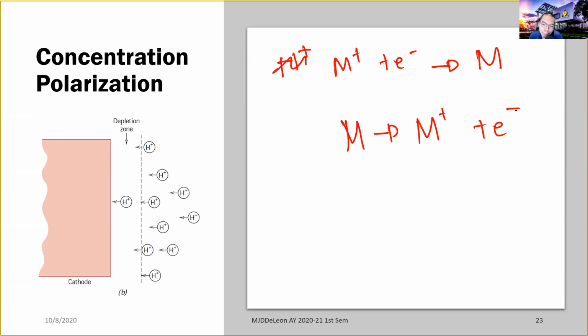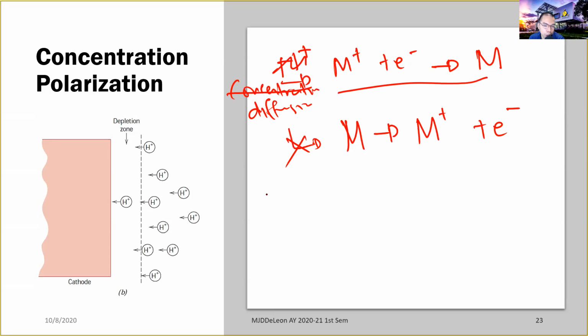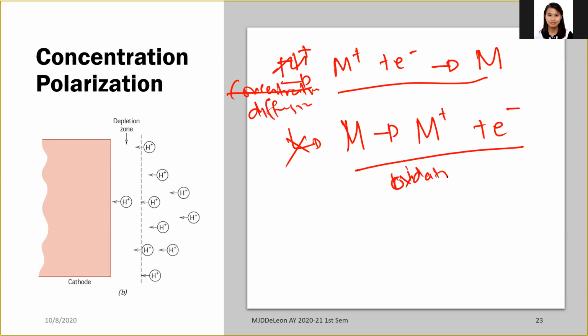So mula dito, dapat magkakaroon tayo ng clue kung bakit ito, pwede siyang concentration or diffusion control, and ito, not diffusion control. So tingin nyo mula dito, bakit yung pangalawa, yung ating oxidation, hindi ito magiging diffusion control?